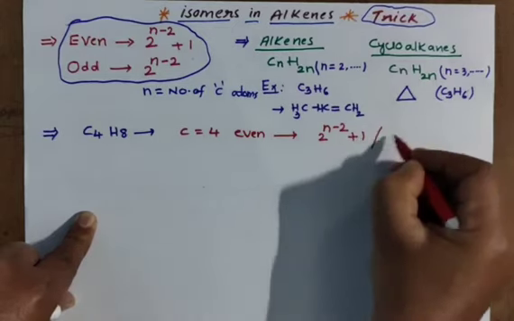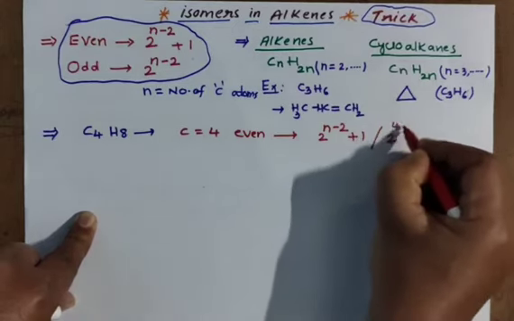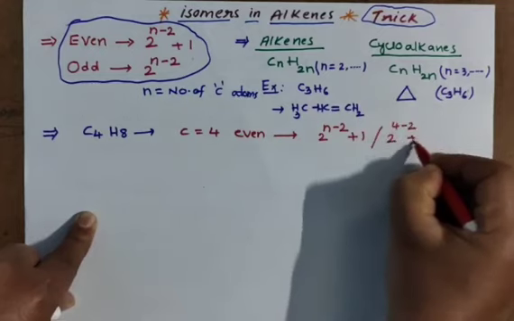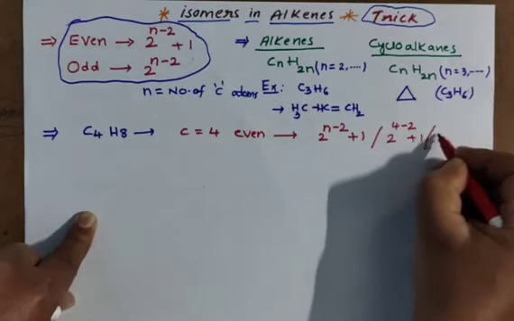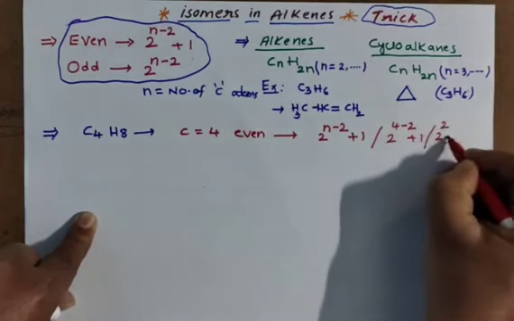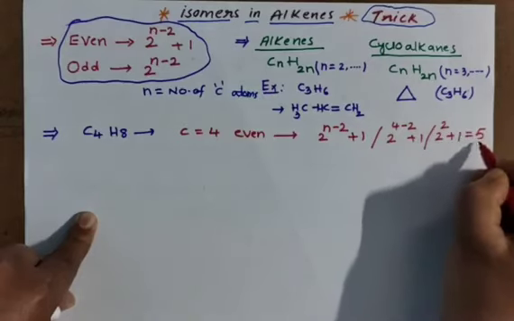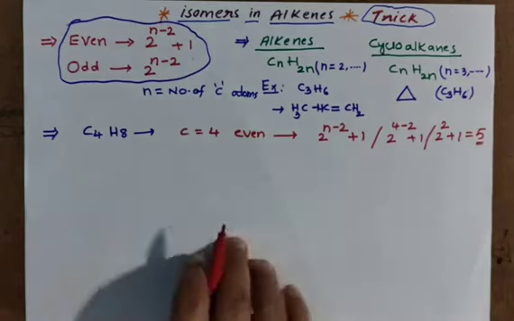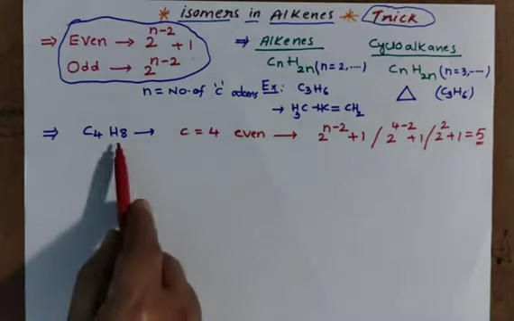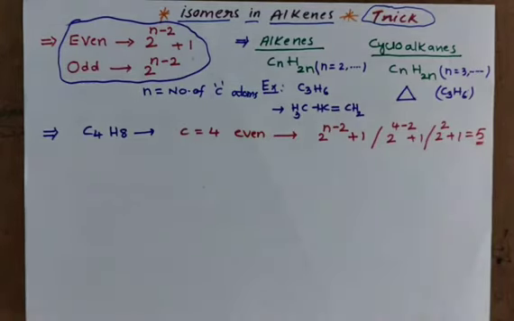Now substitute the value: 2 power 4 minus 2, plus 1. That implies 2 power 2 plus 1, that implies 5. So how many isomers are possible with C4H8? 5 isomers. Let me cross check whether 5 is correct or not.